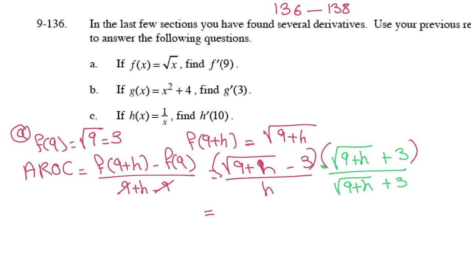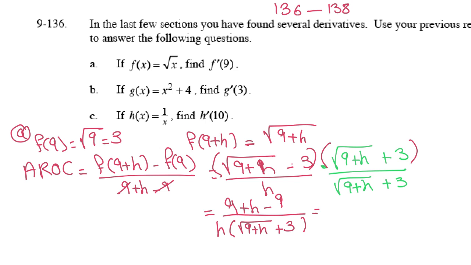I'll multiply the first term by the first term, and the last term by the last term. The middle terms, you should know, will cancel each other out. Square root of 9 plus h times the square root of 9 plus h is 9 plus h, and negative 3 times positive 3 is negative 9. And it's all divided by h times this whole big chunk, which is square root of 9 plus h plus the 3.